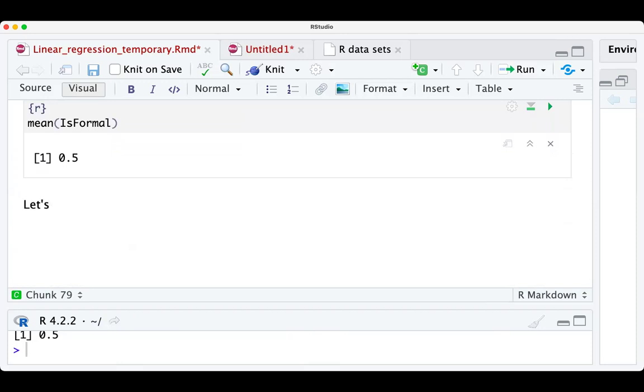Let's perform a more precise experiment and collect also the age.